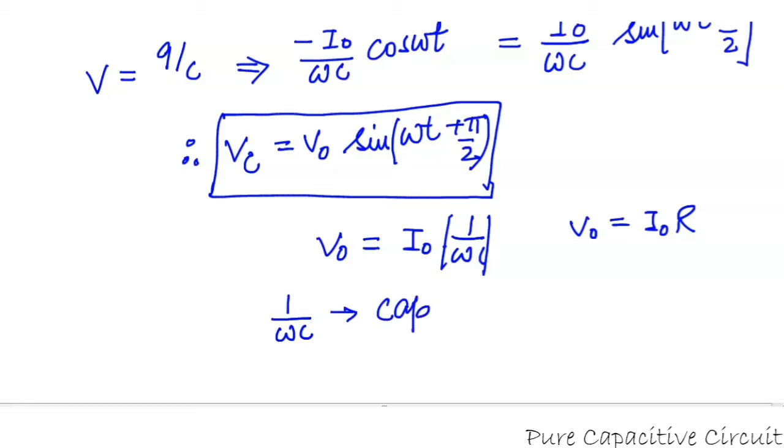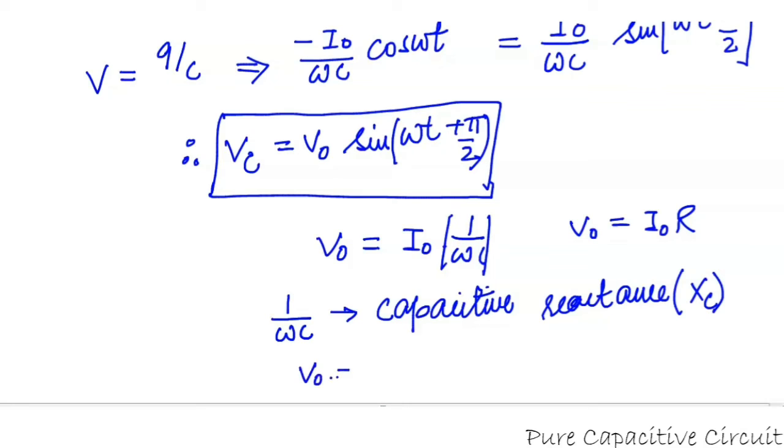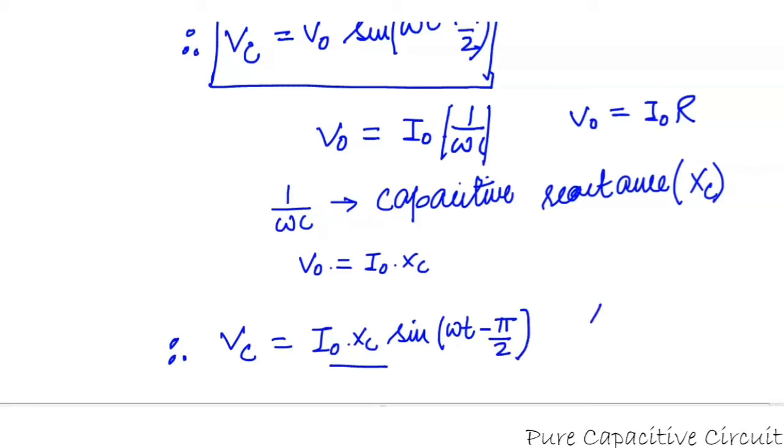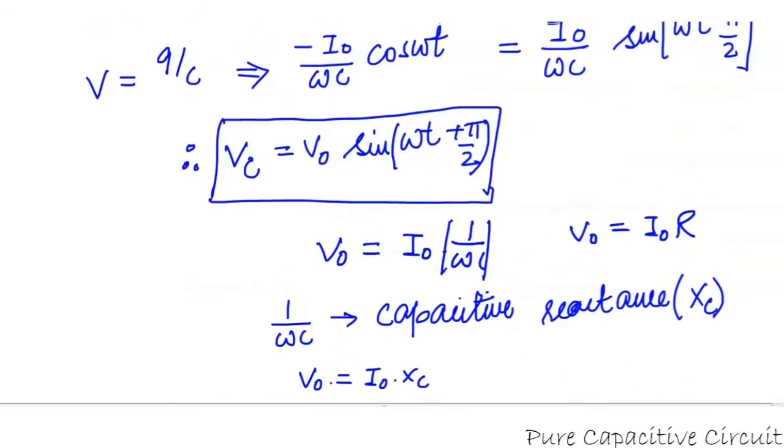That is V_0 = I_0 X_C, which looks similar to V = IR. Therefore V_C = I_0 X_C sin(ωt − π/2), and X_C = 1/ωC. Now we have found the value of V_C.